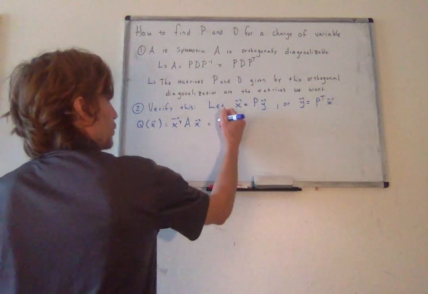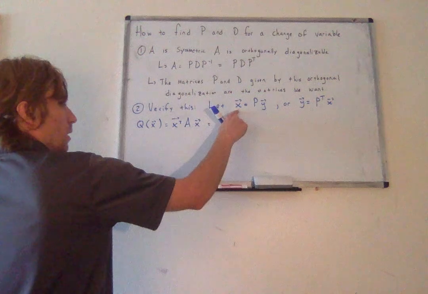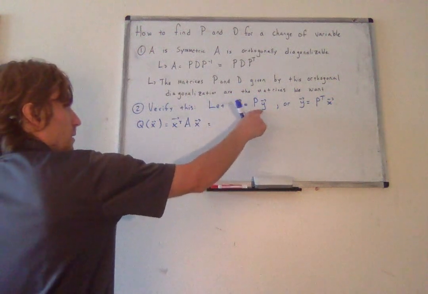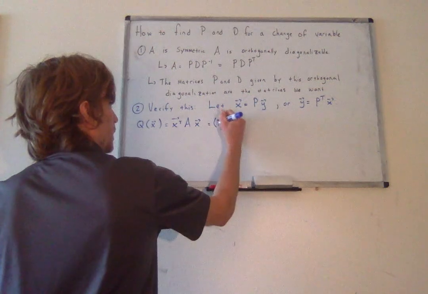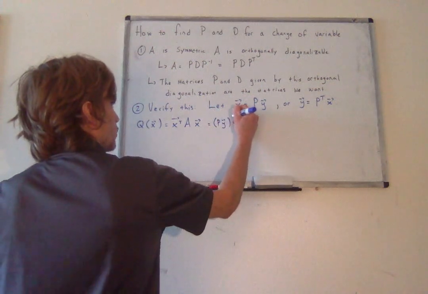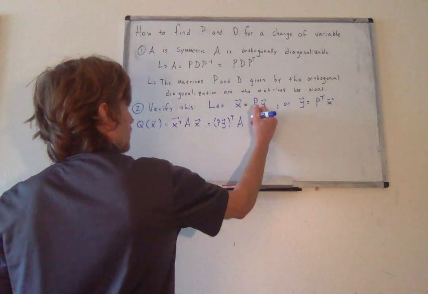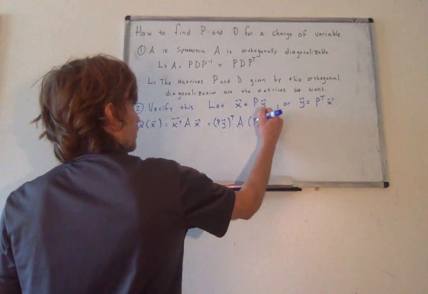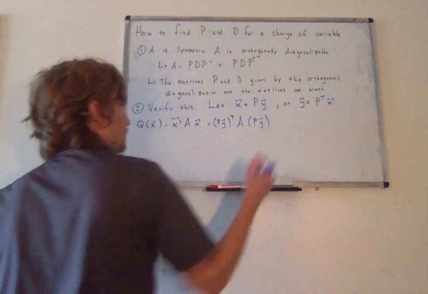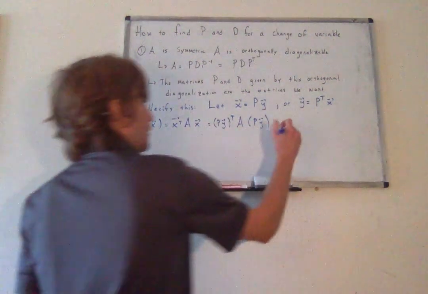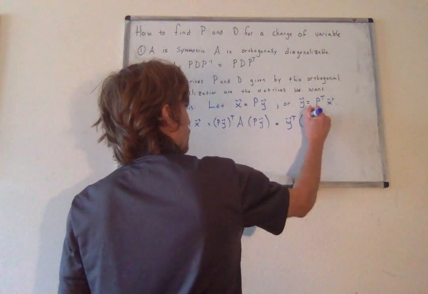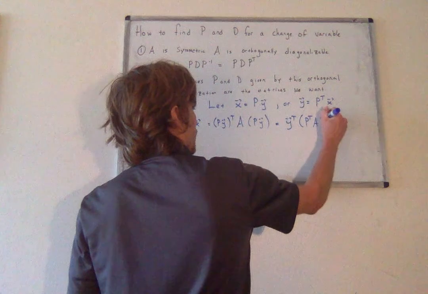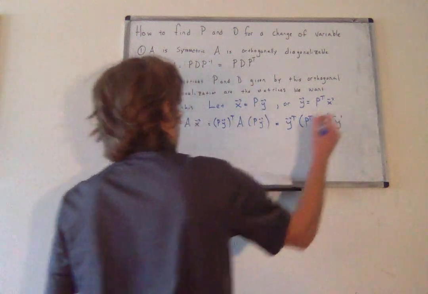So the first thing we want to do is replace our x's here with these P times y's. So this will be (P y) transpose times A times P times y. Evaluate the transpose, we get y transpose times P transpose A P times y.